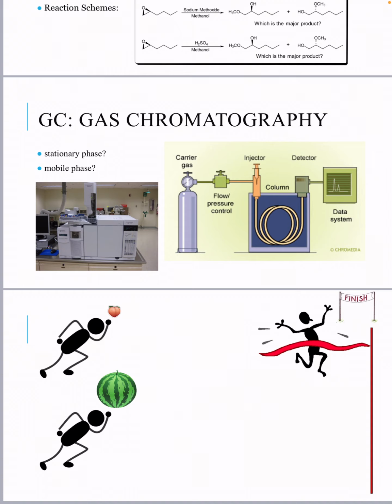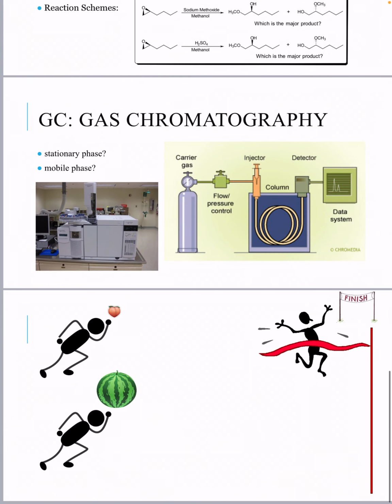And, well, we've done chromatography before, right? For example, thin layer chromatography, TLC, which is the first experiment in 2311 or 2411 lab. All chromatography follows a similar mechanism. So you have a stationary phase, you have a mobile phase, right?